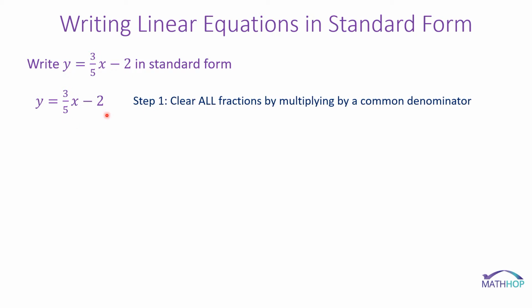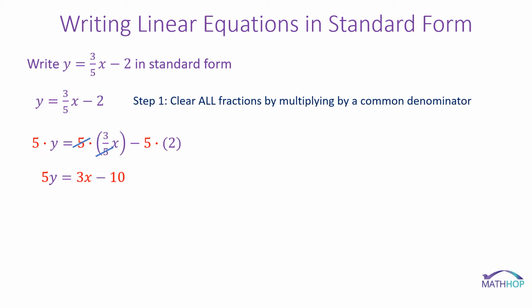Remember, when you make a decision to multiply in an equation, you have to multiply every term. So we're going to multiply 5 times y equals 5 times 3/5 x minus 5 times 2. Remember, 5 is really 5 over 1, so we're going to just cancel out these 5s, which is really the whole purpose of multiplying the equation by 5. We are left with 5y equals 3x minus 10.